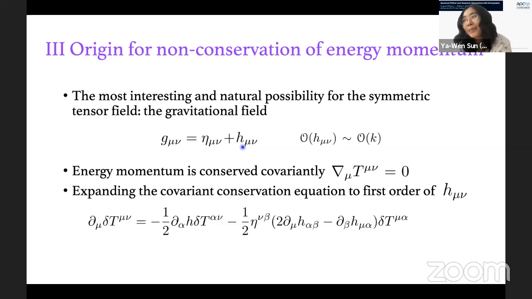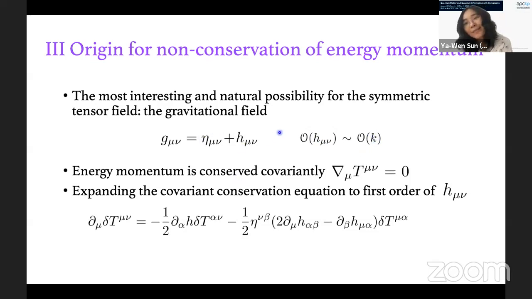Note that because we need the energy momentum tensor to be non-conserved only weakly, so to be weakly broken, this gravitational field should only deviate a little from the flat spacetime. So this h mu nu is of order k^2.